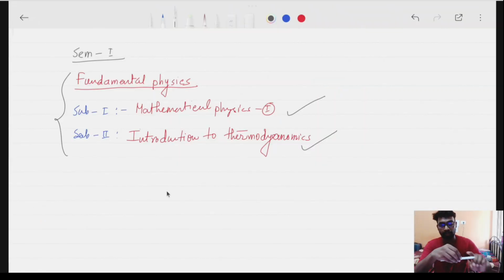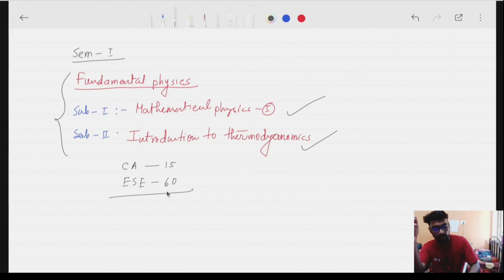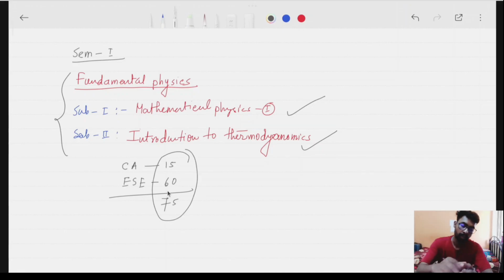In this course, continuous assessment has 15 marks, end semester examinations have 60 marks, and in total they take 75 marks of questions for this paper, including these two topics, mathematical physics and introduction to thermodynamics.